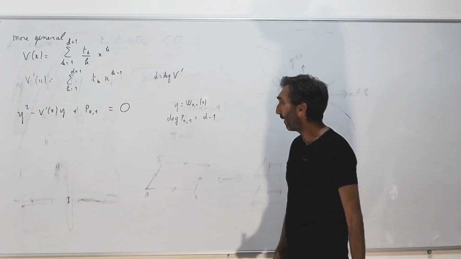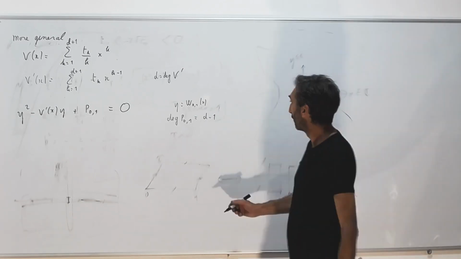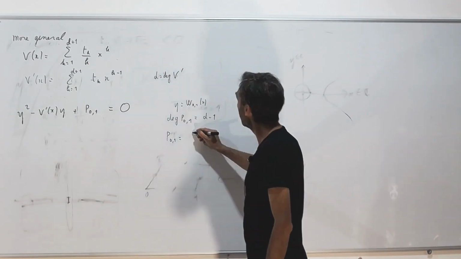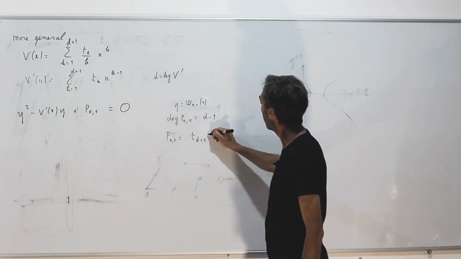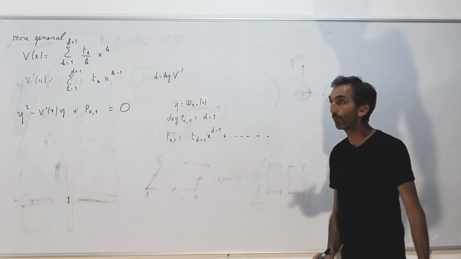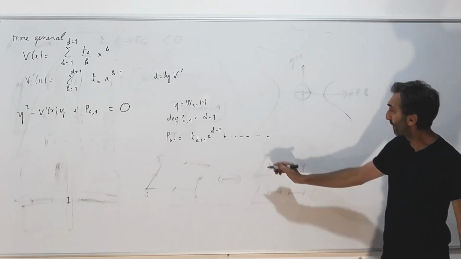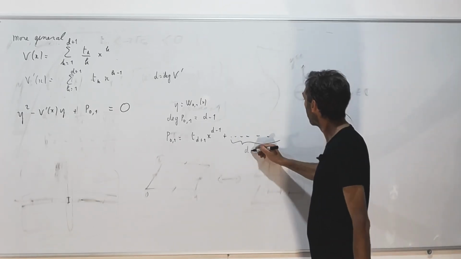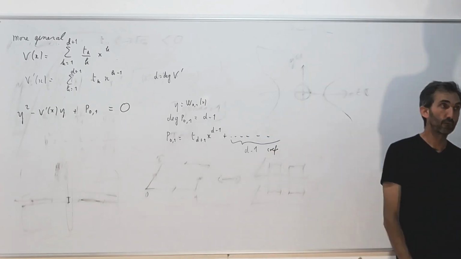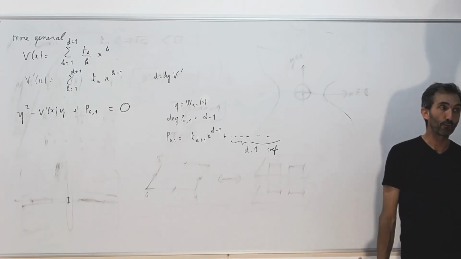And now there are many coefficients that you don't know in P01. So P01 must be t_{d+1} x to the d minus 1 plus all the other terms, you don't know them. And how many of these do you have? You have d minus 1 terms, possibly, of degree strictly smaller than d minus 1. You have d minus 1 unknown terms.